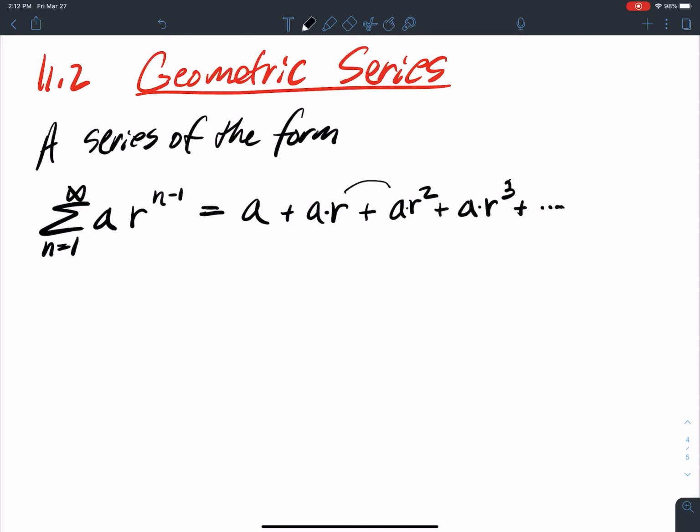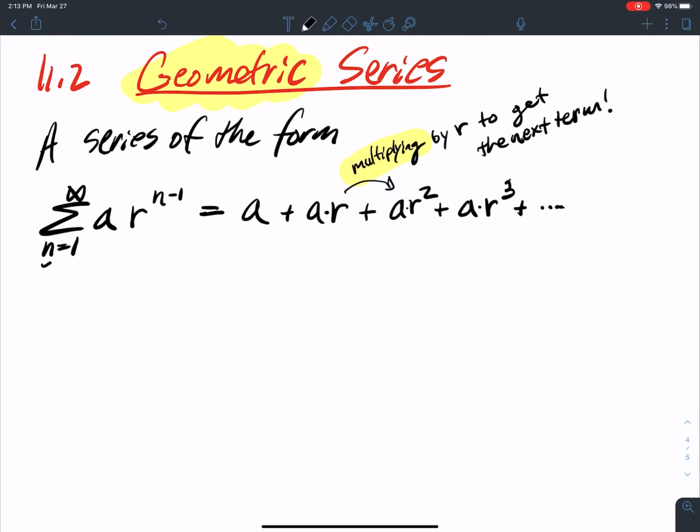Each time I'm multiplying by r to get the next term. When I multiply to get the next term, that's geometric. If I add to get the next term, that is arithmetic, and that is different than geometric. So we are multiplying to get the next term.